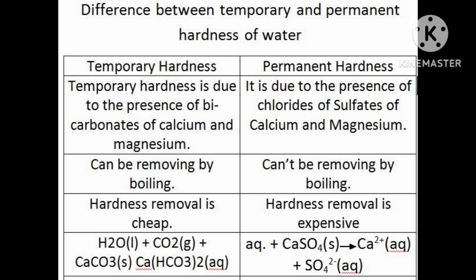Permanent hardness is 45 milligram per liter, hence you can say 45 ppm also. And temporary hardness was 30 milligram per liter, so you can say 30 ppm, 30 parts per million.